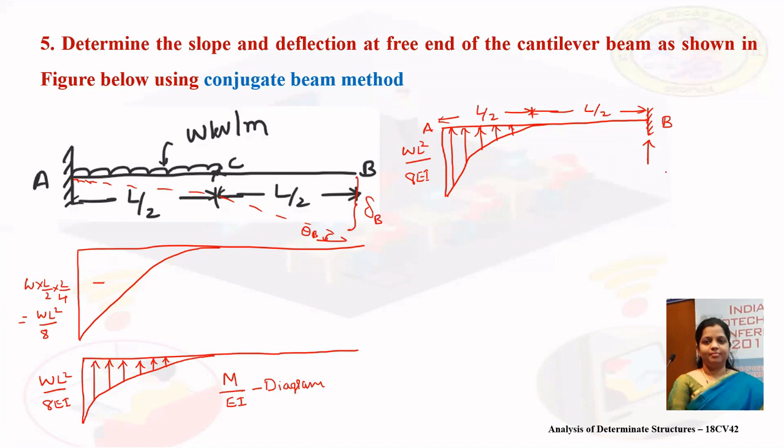Therefore, as per this conjugate beam theorem, slope at B will be equal to shear force at B. First, we will calculate the shear force VB. Shear force VB will be equal to area of M by EI diagram.